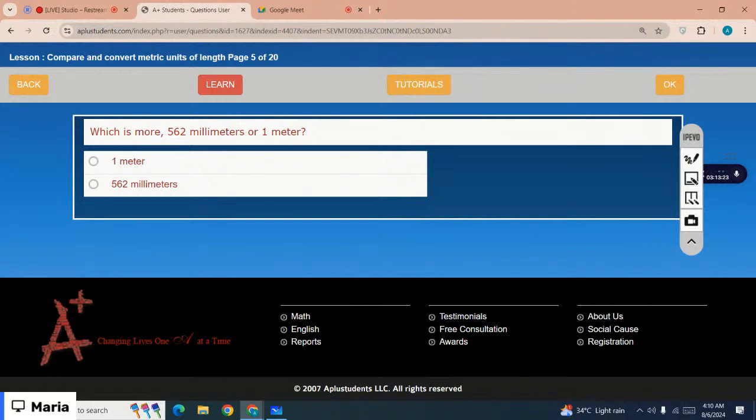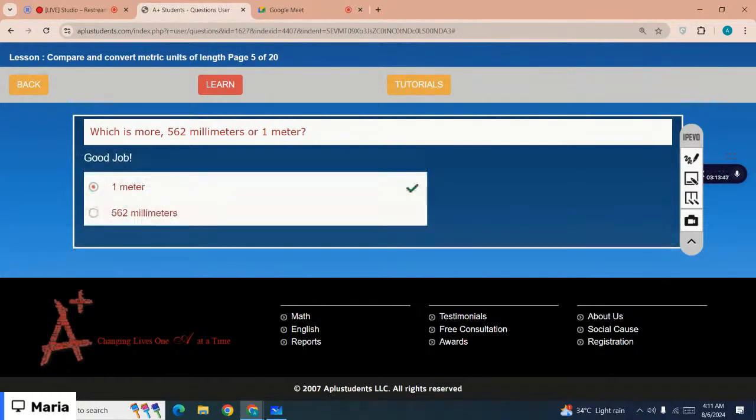In 1 meter you have 1000 millimeters. So option number 1 is the correct option. Very good.